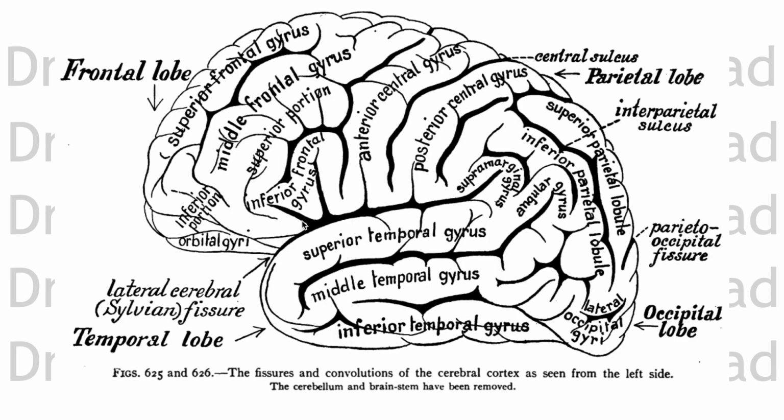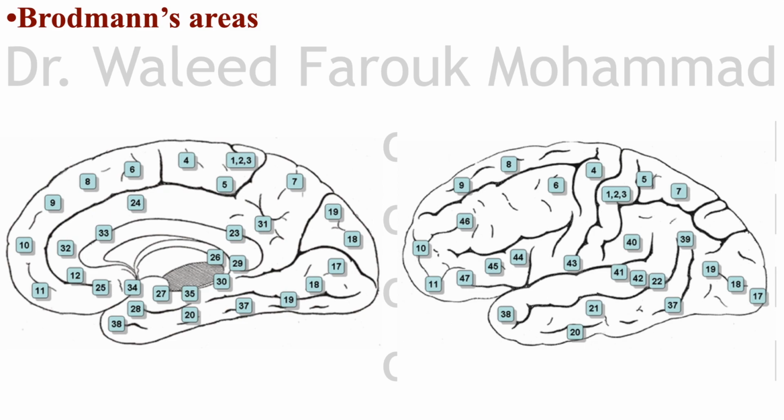Now, to recap, I brought you a picture of the different lobes of the brain, the different gyri of the brain, summarizing what we have just said in the previous slides. Now, when you study the brain, you'll find the areas are numbered.